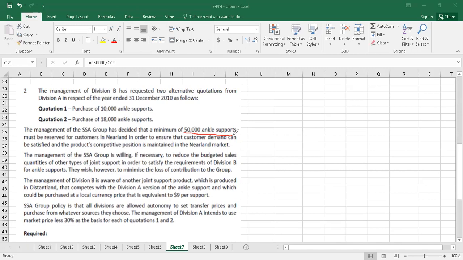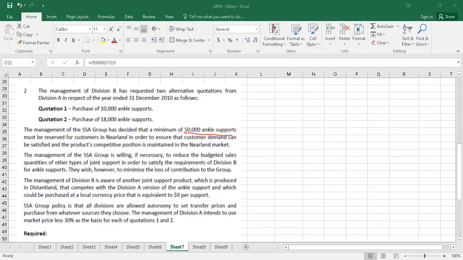So some other product production has to be cut down. They have to stop producing and supplying 8,000 units, because 10,000 is anyway available, and divert or allot those resources to the manufacturing of that additional 8,000 ankle supports. I hope I made the question clear.